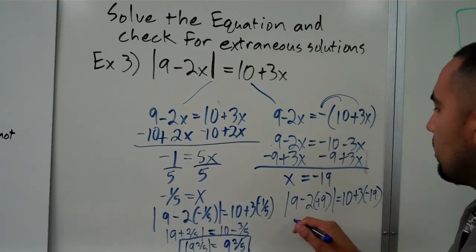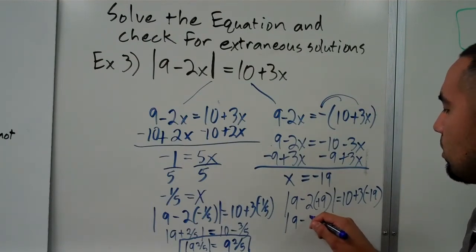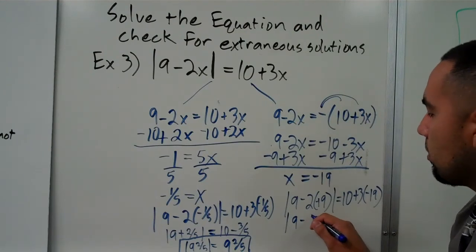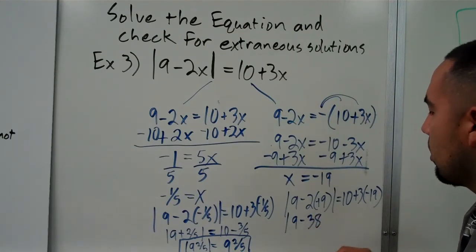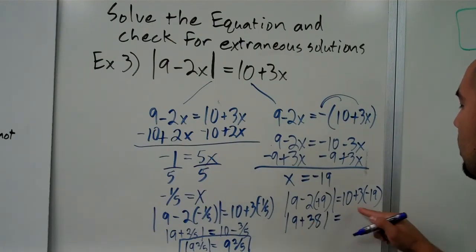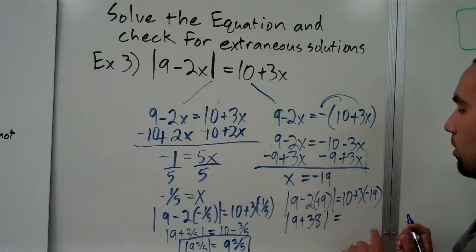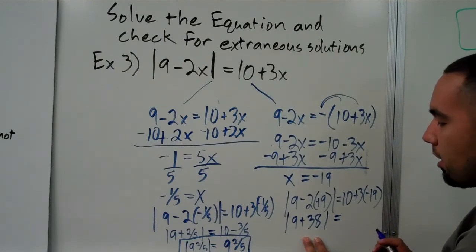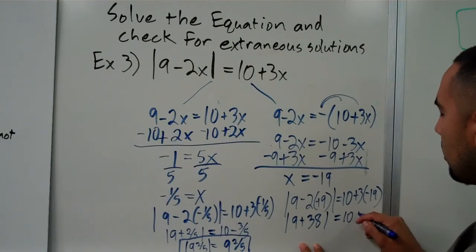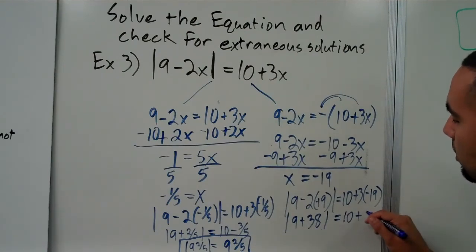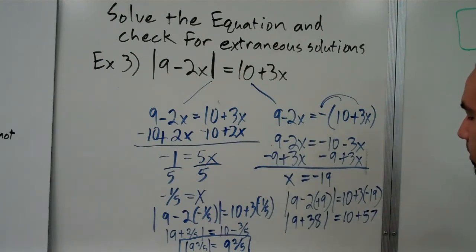Maybe this one doesn't work out so well, so let's give it a shot. Negative 19 times negative 2, well that's the absolute value of 9 minus what? 19 times 2, that's going to be 38. And a negative times a negative is going to be positive. And 3 times 19, well 2 times 19 is 38, 3 times 19 would be adding 19, so I get 10 plus 38 plus 19, that's going to be 67.